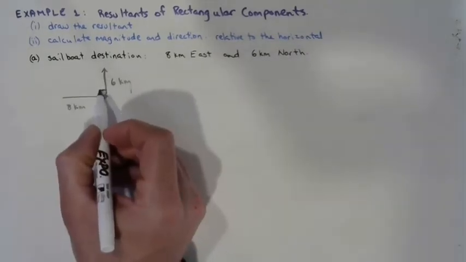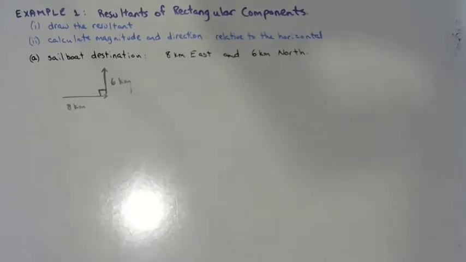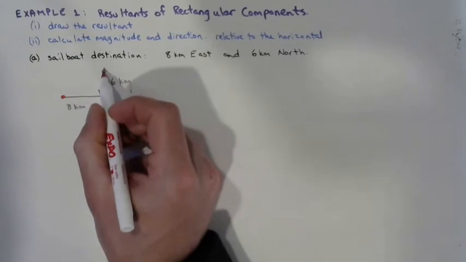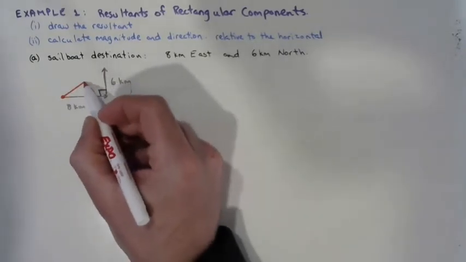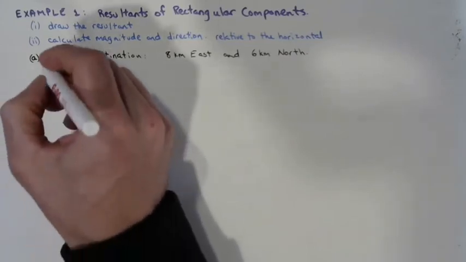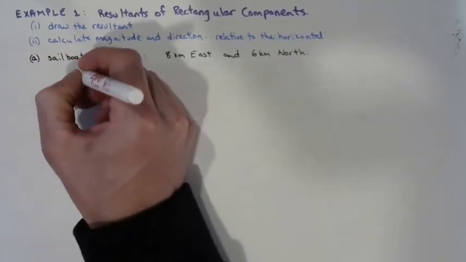That means they meet at a right angle. Let's draw our resultant. Because these are organized head to tail, I'm starting here, following this line, going up that line. The resultant then just completes this right angle triangle with a hypotenuse. This is the resultant vector.